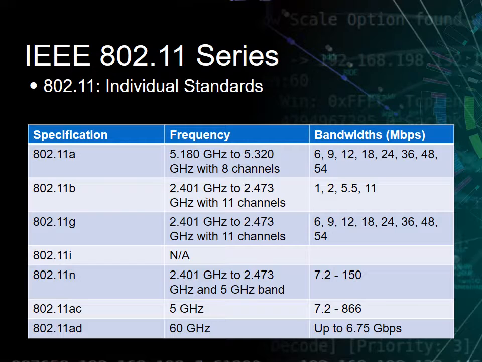But there comes a trade-off. The higher the frequency, the shorter the distance. A good way to look at that is those of you who have listened to AM radio and FM radio. Your AM radios operate at a much lower frequency, and they'll go for miles. I live here in New Hampshire, and I could pick up radio stations on the AM band out of New York City, while those of you who listen to FM note that after about 30 miles from the source, the signal starts to drop off.